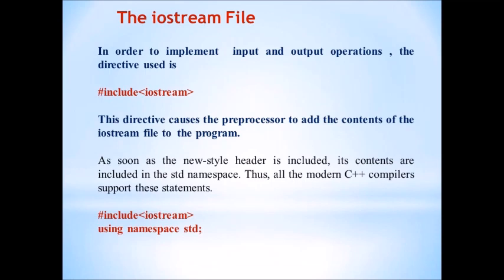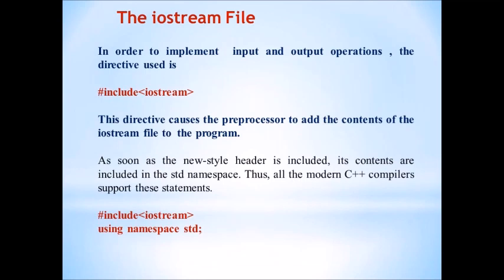This directive causes the compiler to add the contents of input output operations to your program. If you consider the modern C++ compilers, they support two statements: #include iostream, and the immediate statement is using namespace std.